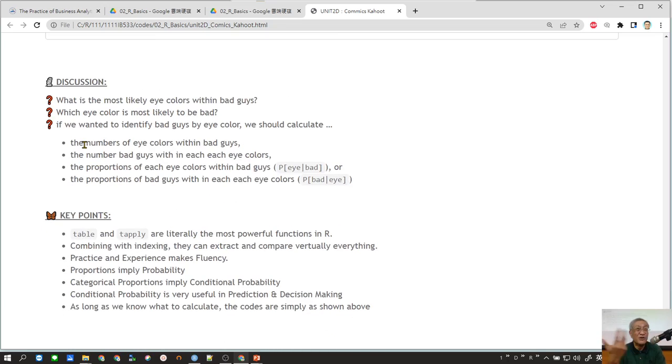Now let's put that to use. Discuss within your group, and when you have an answer, raise your hand. If we wanted to identify bad guys by eye color, which question should we ask?